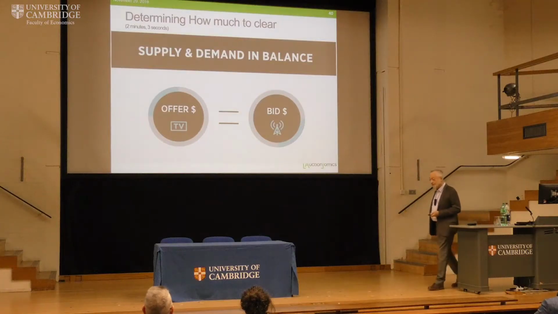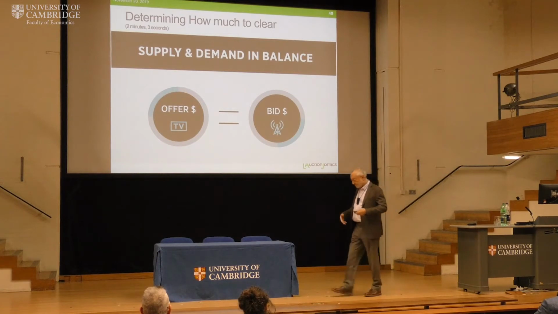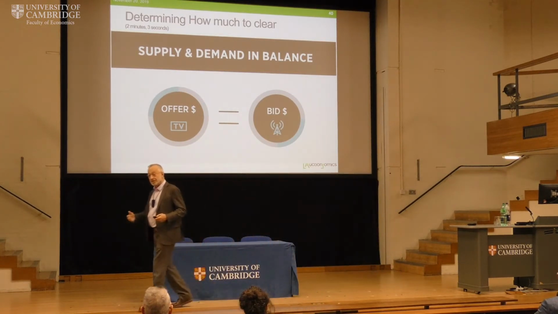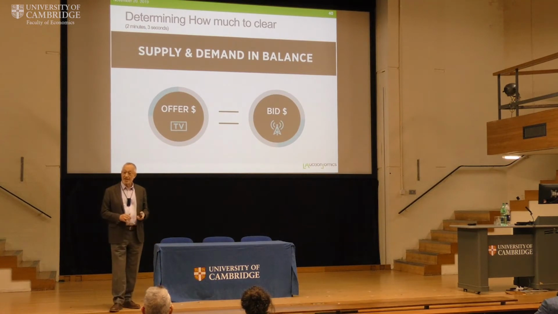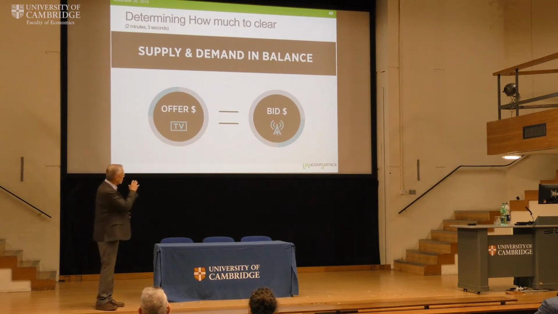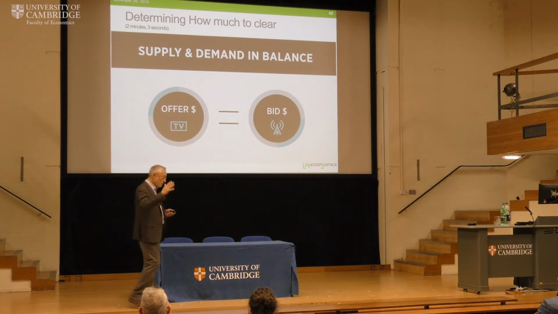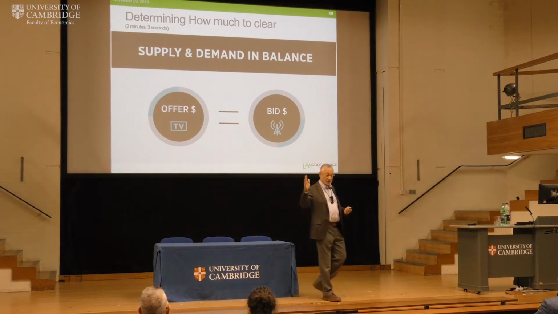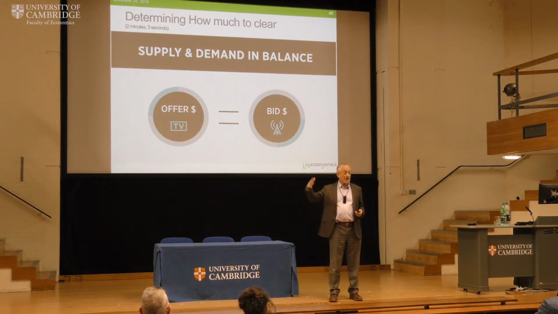Okay, so if you had just seen the previous account and then saw this, you'd say, gee, that looks a lot like Marshallian dynamics. And in fact, this was inspired by Marshallian dynamics, but we'll see it's not exactly the same thing. What they've said has gone on here is we start with a large quantity and we figure out how much it would cost to clear that quantity of spectrum.